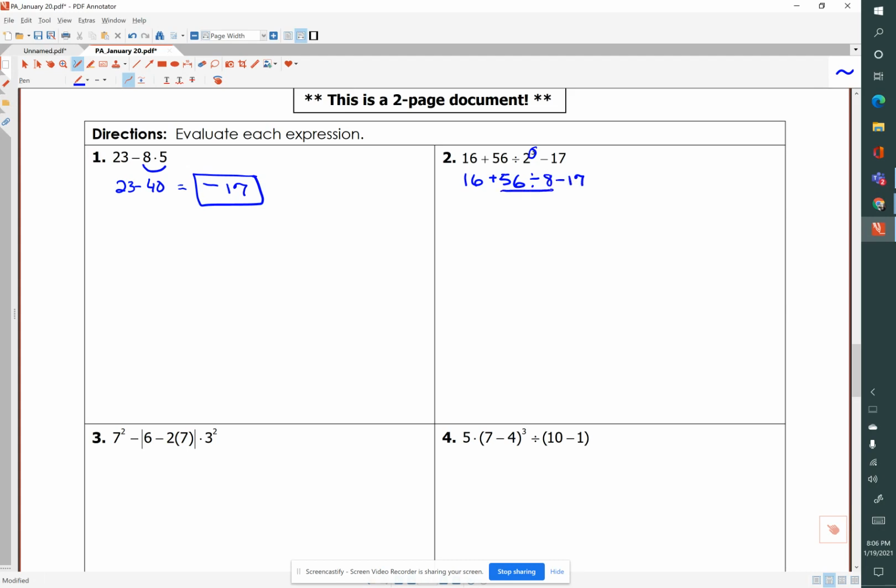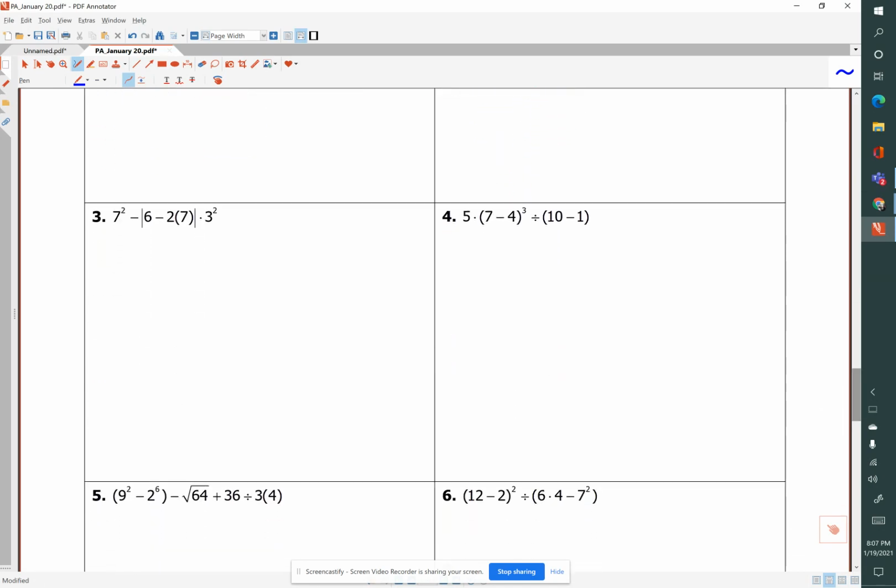Then I have to do this division. 16 plus 56 divided by 8 is 7, minus 17. All I have left is addition and subtraction, so I'll work from left to right. 16 plus 7 is 23, and 23 minus 17 is 6.